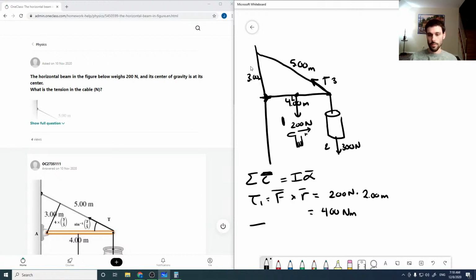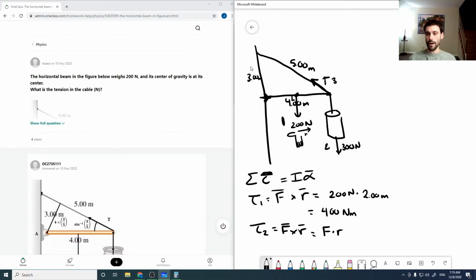Now our torque 2 is again F cross R, so this would be the barrel. It acts perpendicularly as well. It's down at the end of the rod, so if we look at the direction, it's downward, the radius is right, and so the torque is out of the page again, and we're defining that positively.